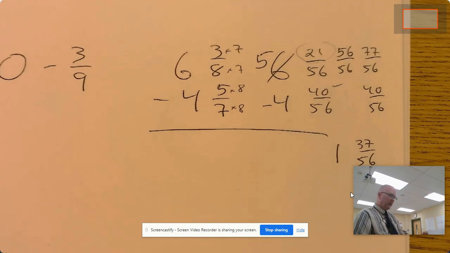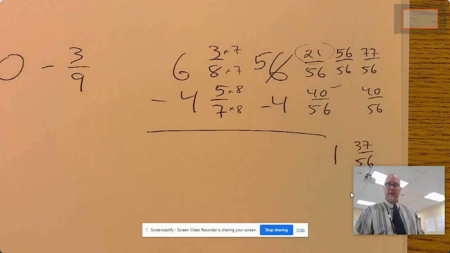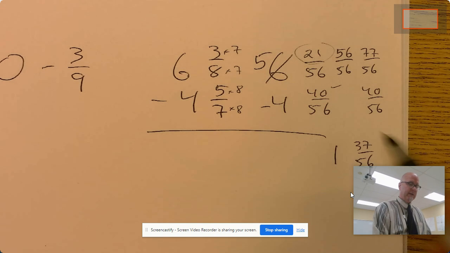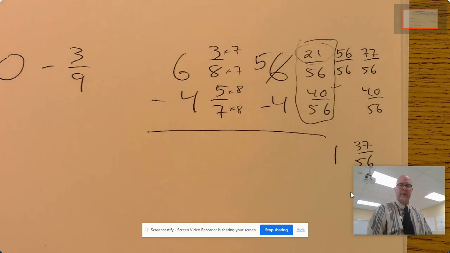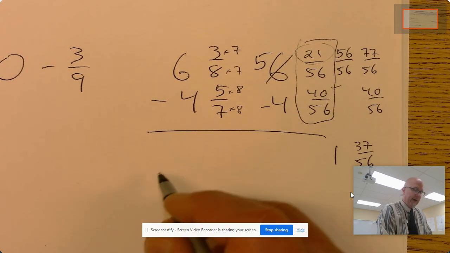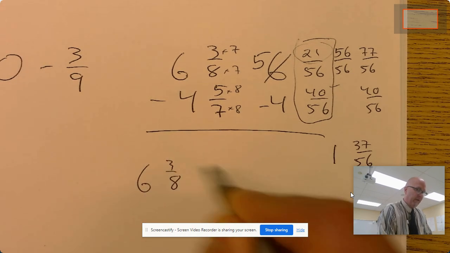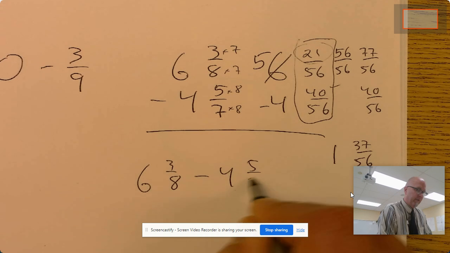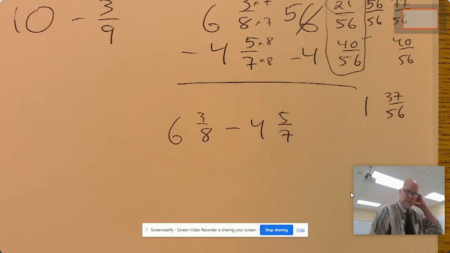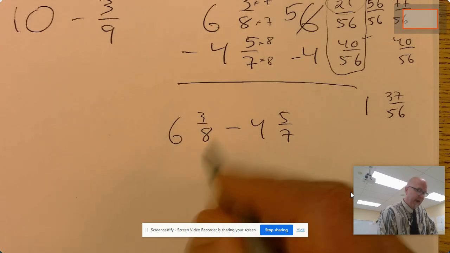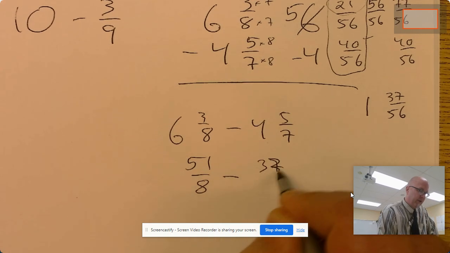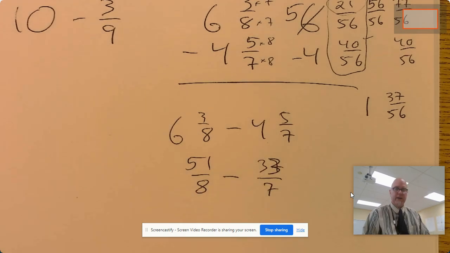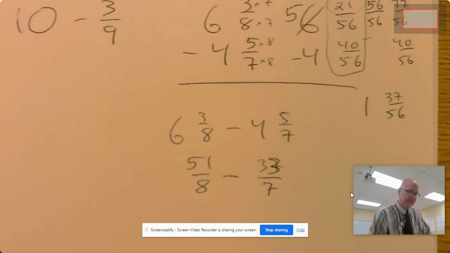Now, one of the other things you can do, if you find yourself in this predicament where you are recognizing that the number on the top is not big enough, you could jump back to one of the things that we talked about before, which would be to change these to improper fractions and then just go through the motions of getting your denominators and everything like that.